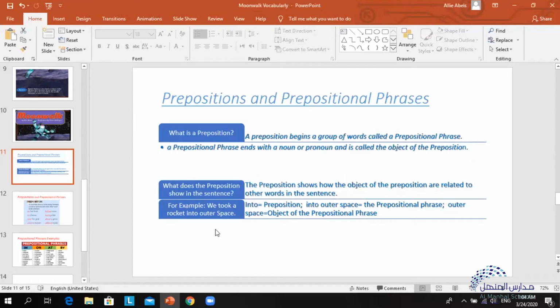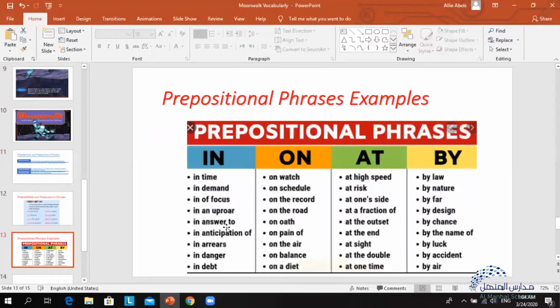And I will show you a few more examples of where a preposition occurs in a prepositional phrase. If we look at this slide over here, okay, we have prepositions such as in, on, at, and by. Okay, so if we look at the first example, in time, this prepositional phrase includes a preposition and the object of the preposition.